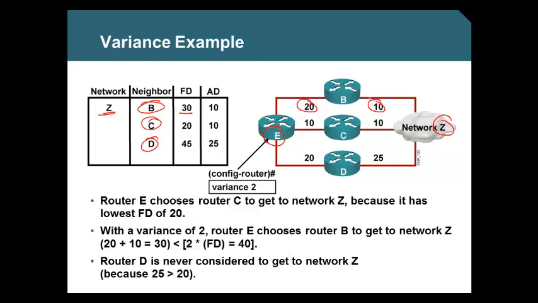How? The advertised distance is 10. 10 plus 20 is 30. Here the advertised distance is 10. 10 plus 10 is 20. Here the advertised distance is 25. 25 plus 20 is 45. So we got 3 paths but not equal cost paths. All 3 are not the same.